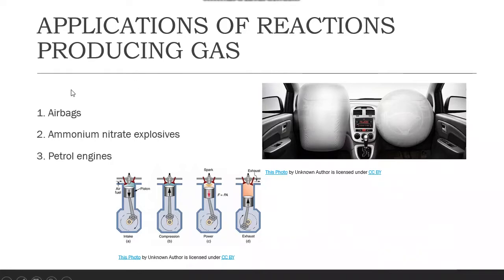Right, any applications of reactions producing gas in real life? If you want to do some research, you can see airbags in cars are a common reaction that is used in producing gases.